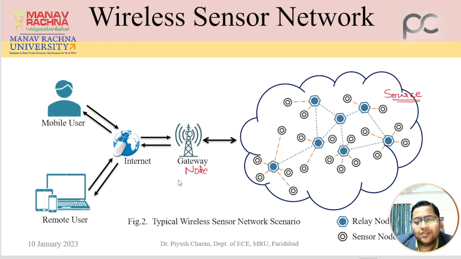Okay, so this is typically a wireless sensor network scenario, how these wireless sensor networks work wirelessly. And the medium of communication is obviously radio propagation, radio waves. These radio waves are from the ISM band or the industrial scientific medical band, which is an unlicensed frequency band.